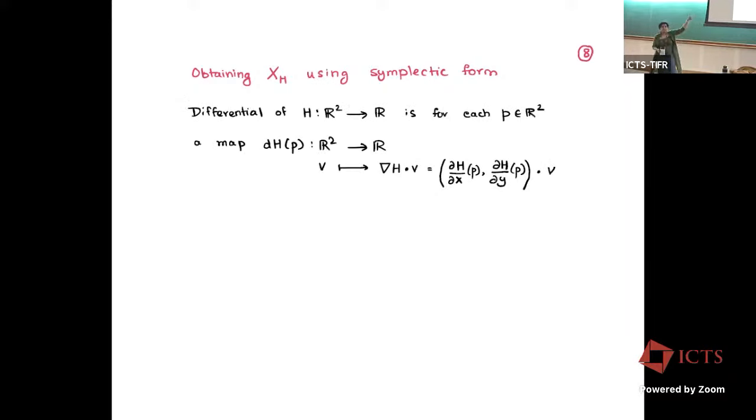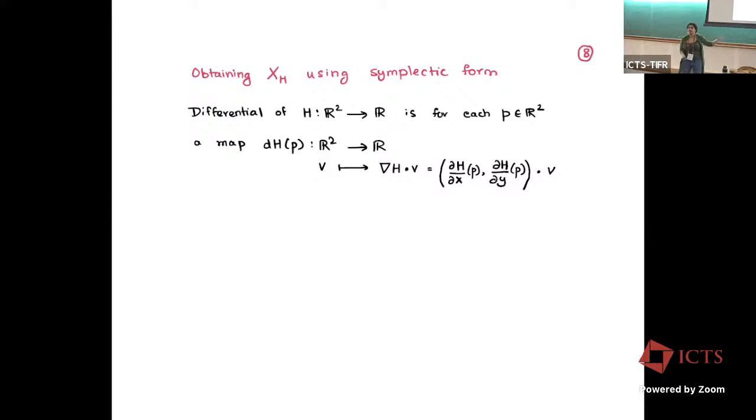So the differential is some object we can define. I'm going to cheat and define it like this. For each point P on R2, you compute the gradient and define the differential dH at P to be the dot product with that gradient.